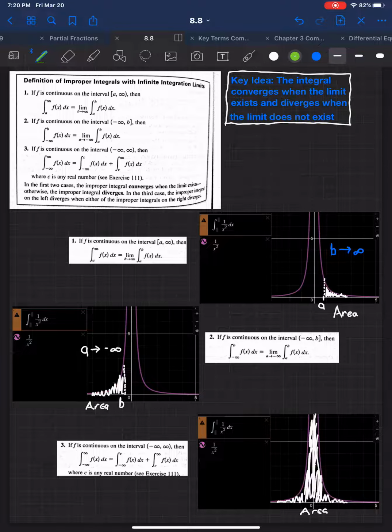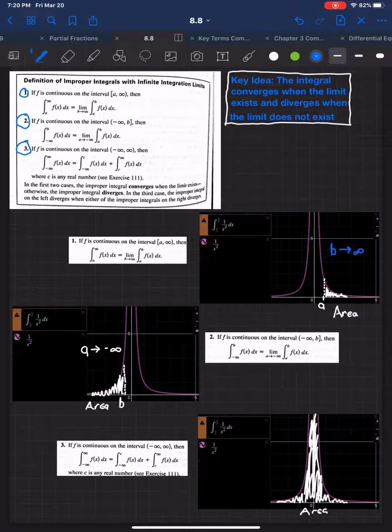So take a second. I know that I've placed a lot on this slide, so bear with me here. Remember, you can always pause the video and write some stuff. What I'm trying to do on this page right here is to make sense of the 3 types of improper integrals that we're interested in. And I just want to take a look at what each of these means.